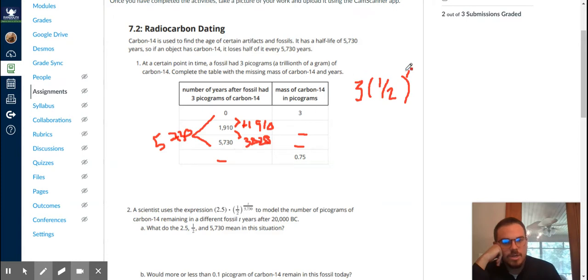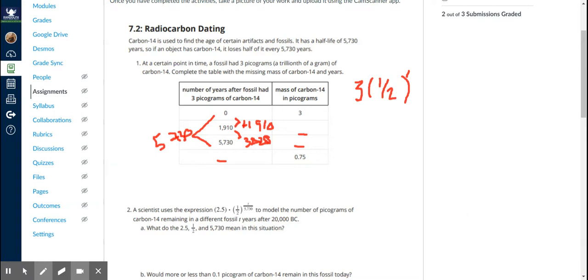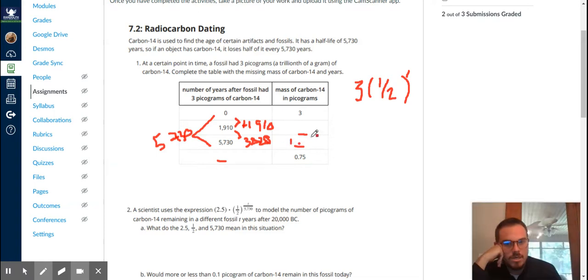If it started at 3, 1 half-life cycle has gone by. We just need to evaluate that in Desmos: what's 1 half of 3? 1 half of 3 is 1.5, or 3 halves. So we were able to figure out that first one because 1 half-life cycle has gone through, and you can see that equation matches up.